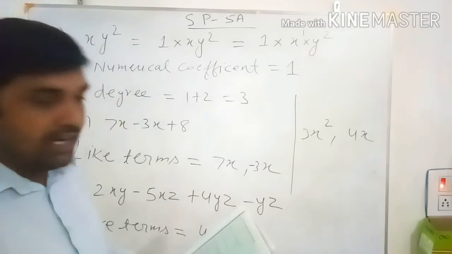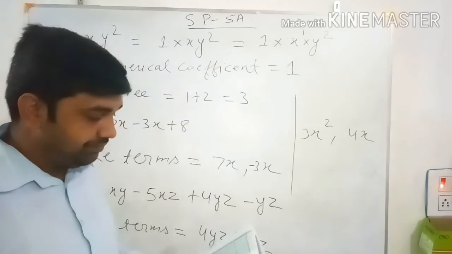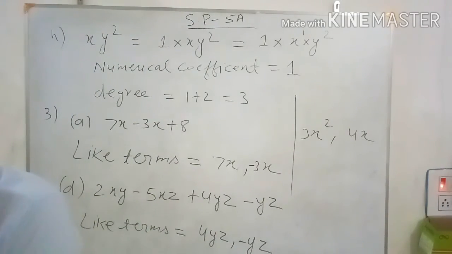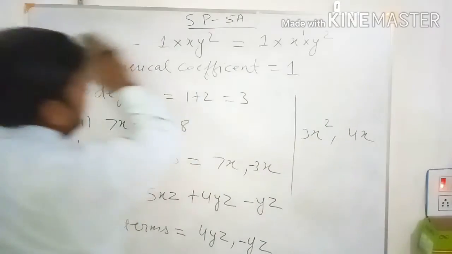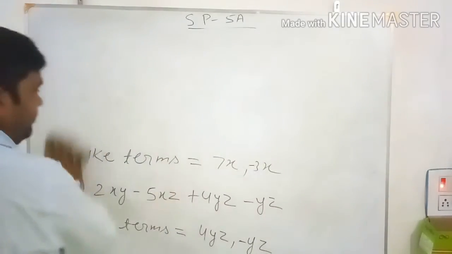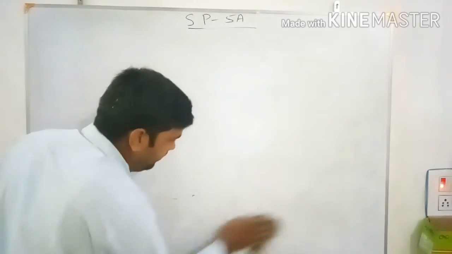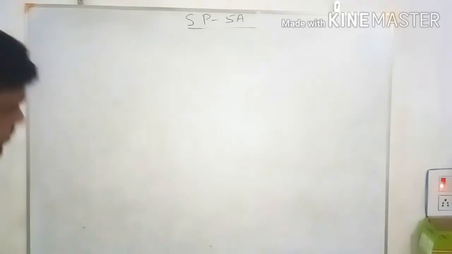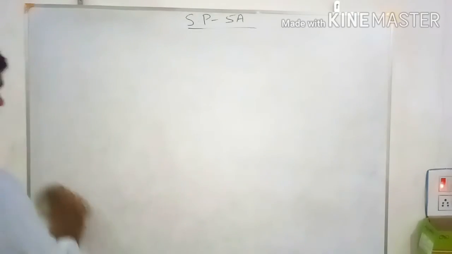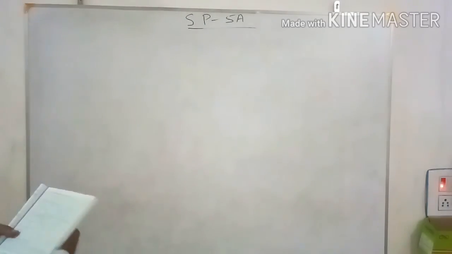These two are the like terms. r minus s is not a like term. So see how we do question number G.